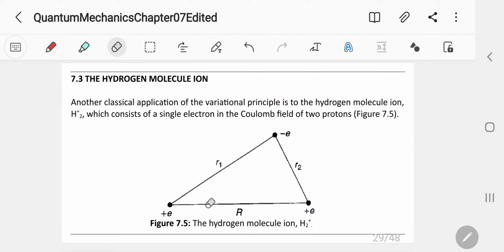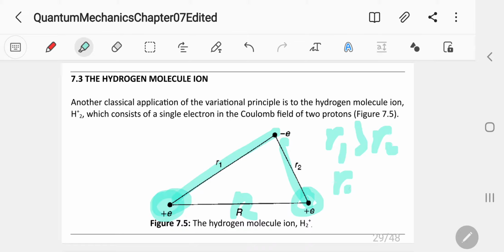So in this case also, you have the electron. The protons are separated by R, and the electron should be at some distance r1 from the first proton. The other one should be r2. r1 could be greater than r2, r1 could be less than r2, or it could be that r1 is equal to r2 as well.